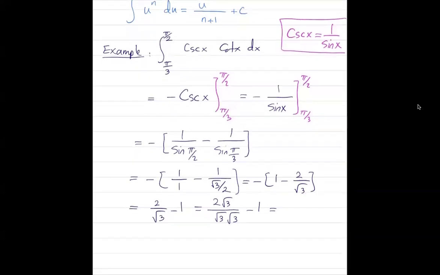So you have 2 times square root of 3 divided by 3 minus 1, or the final answer can be written as 2 times square root of 3 minus 3 divided by 3.